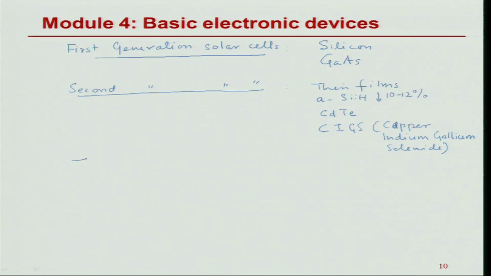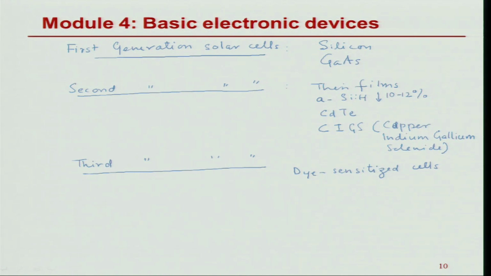Then comes a further new region which started almost a decade ago, the third generation solar cells. And in this, once again the driving force is to reduce cost further, and the examples here are dye sensitized cells. Now, as we went from the PN junction solar cell to the second generation solar cell, it was basically the processing technology which was very different.